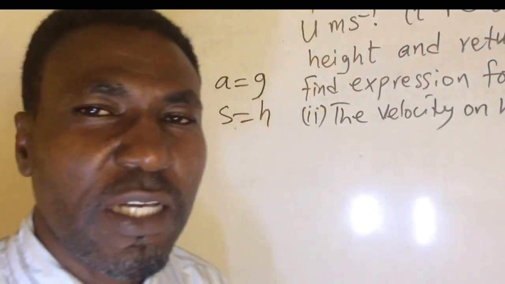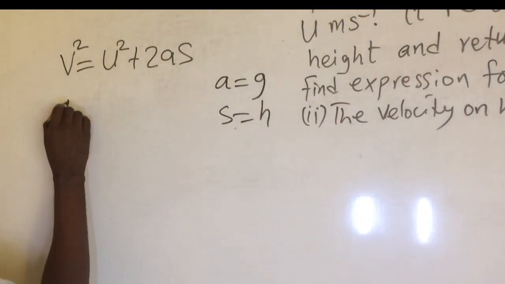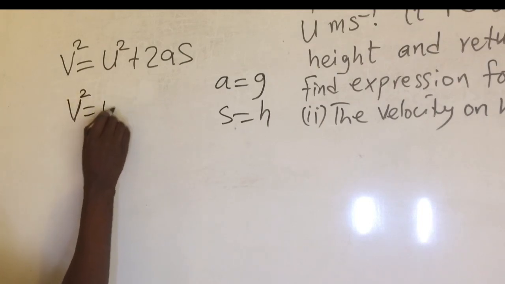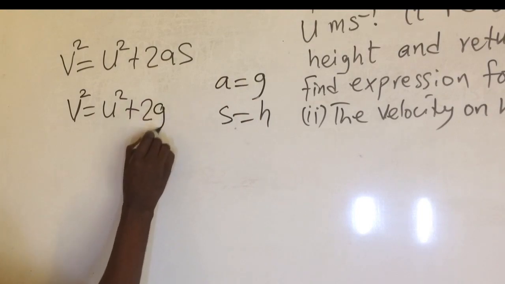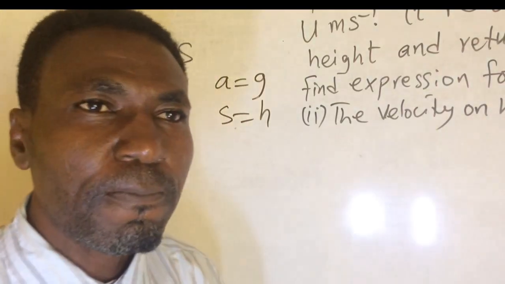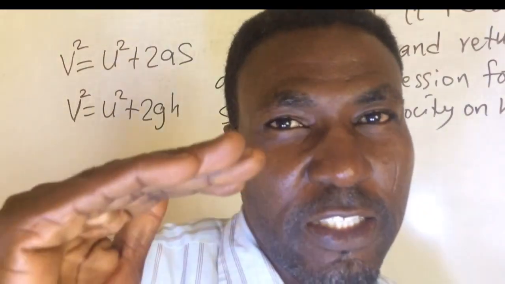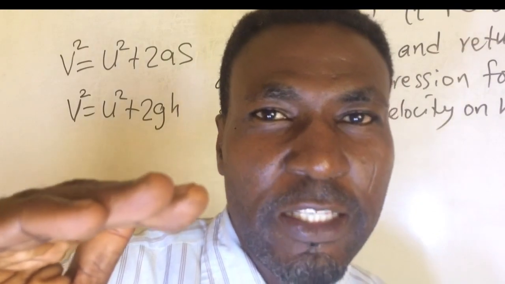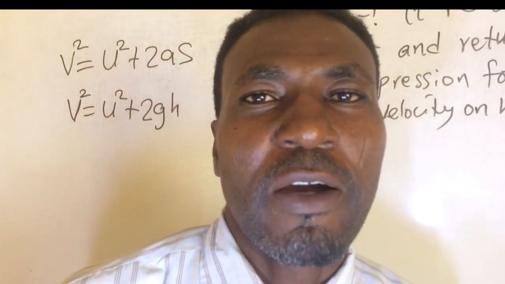Now what they ask us is the velocity while hitting the ground. We will still have our formula, v squared equals u squared plus 2gh, where h is the highest height. Remember, when it reaches the highest height, it will temporarily stop before coming down.